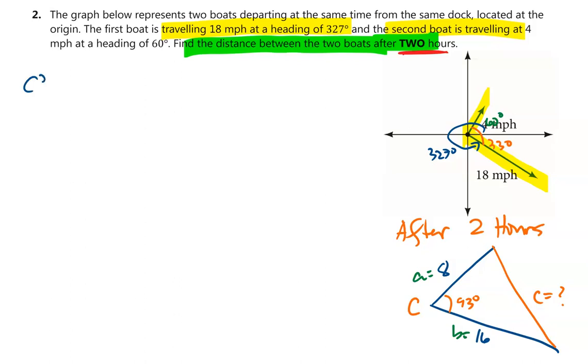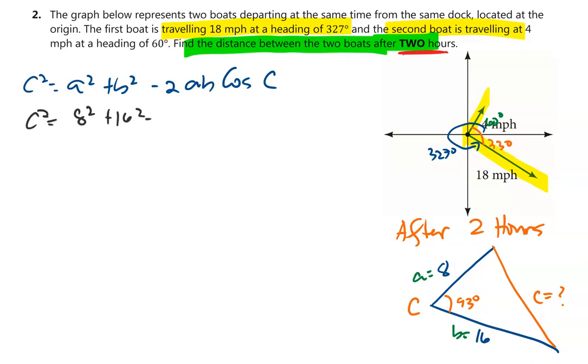Now we can use law of cosines to solve for c. So c squared is equal to a squared plus b squared minus 2ab cosine of angle c. So c squared, 8 squared plus 16 squared minus 2 times 8 times 16 cosine of 93 degrees.